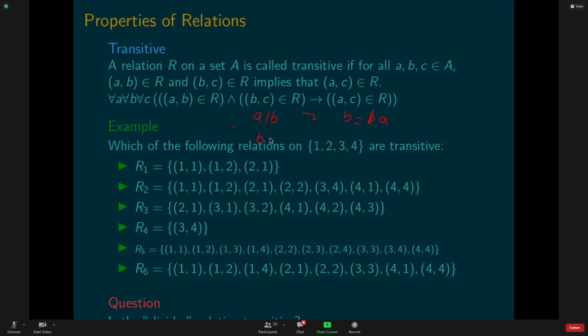And B divides C means that C is L times B. Now from here, what we can say is that C is L times K times A, right? And this is also an integer, which means that A divides C. And this is why it is transitive.